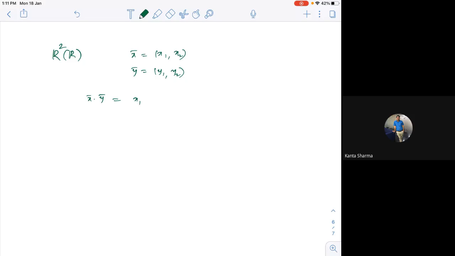X1 Y1 plus X2 Y2 is nothing but the dot product of two vectors. The dot product has something to do with the angle between them, right? That connects the size of the vectors and the angle between them. That's what we have with us.